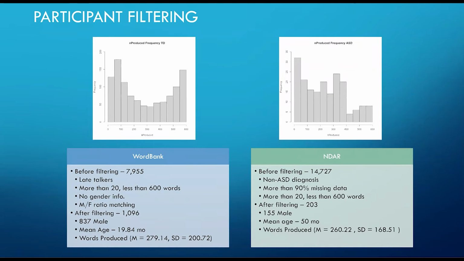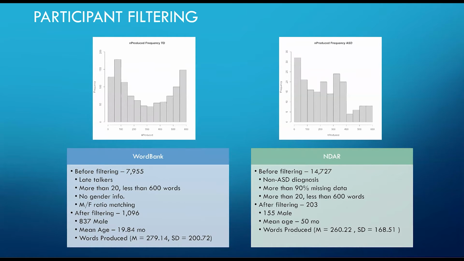Before running our analyses, we filtered these data sets down based on the following criteria. For Word Bank, we started with almost 8,000 individuals and filtered out the late talkers who have an atypical rate of language production without a developmental disorder diagnoses. We did this based off of vocabulary size of this sample with respect to the typical vocabulary of kids the same age.